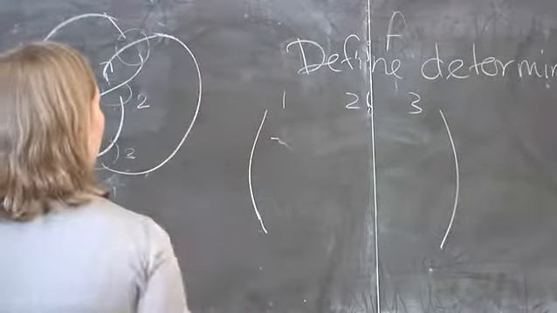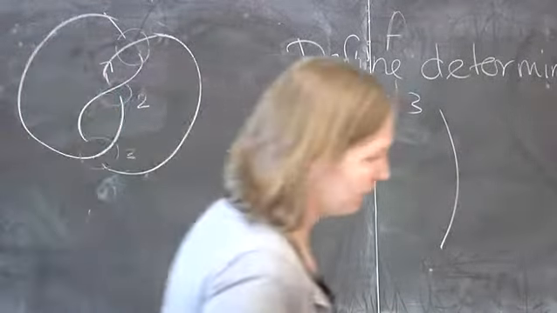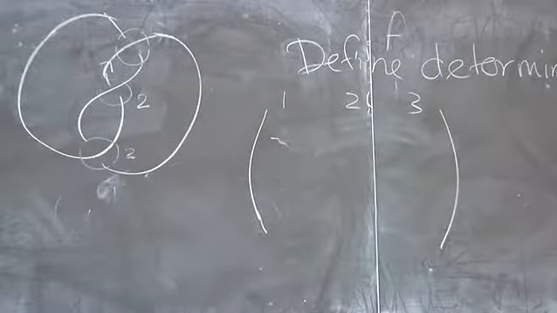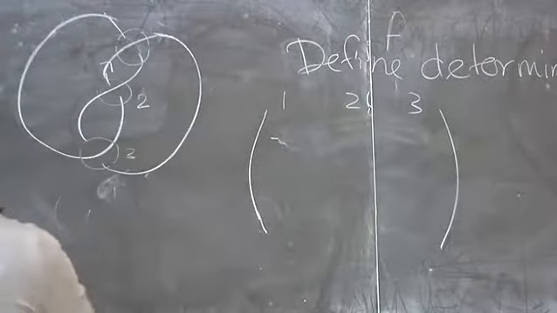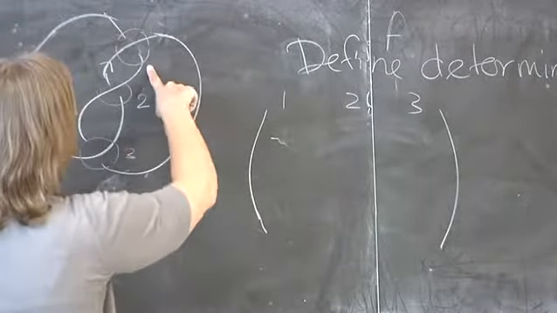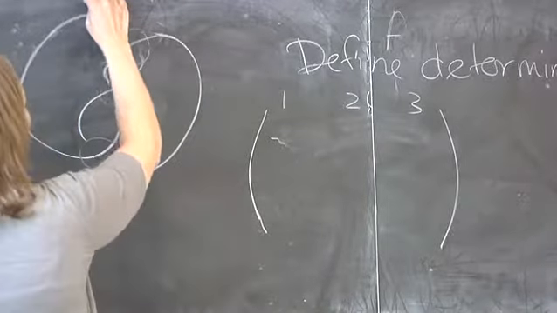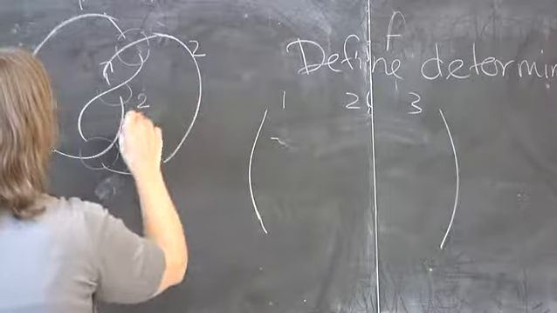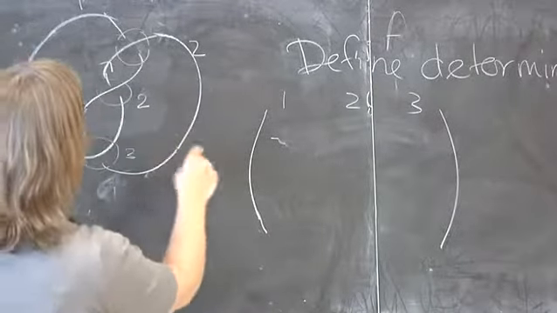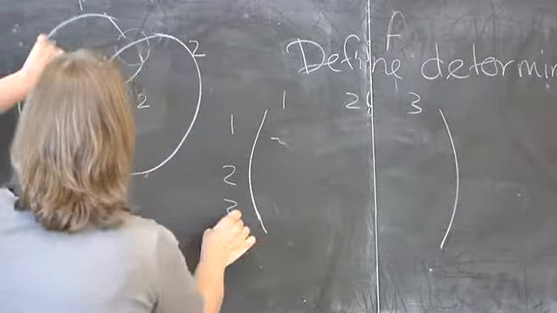So apparently I forget how to do determinant. Did I write this down? No, I didn't write it down because I thought I knew how to do it. Okay. So in this crossing, say this is strand 1, strand 2, and strand 3. This is how I do it.